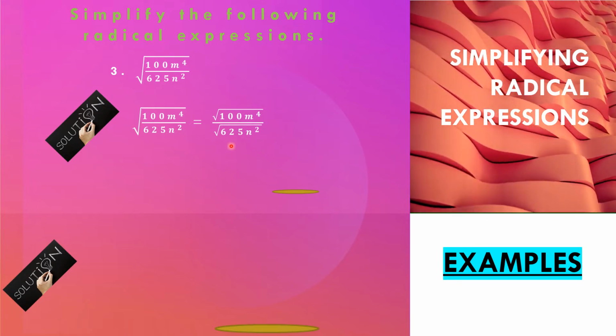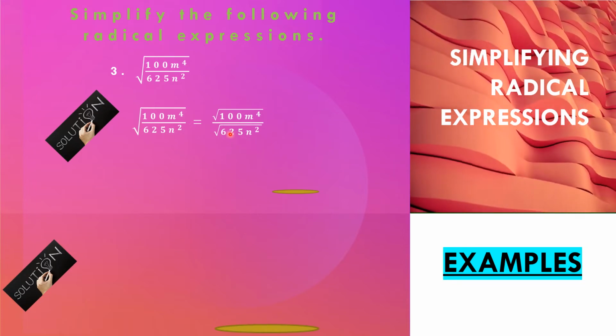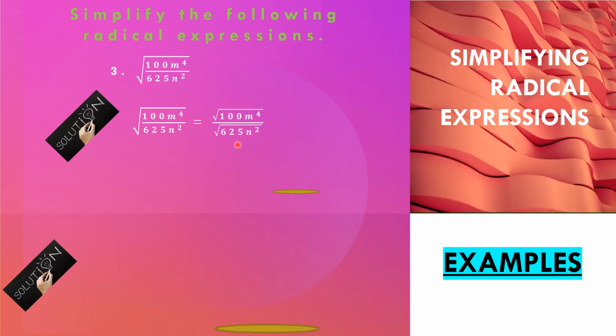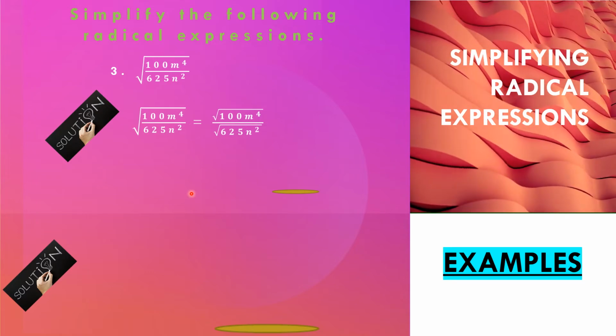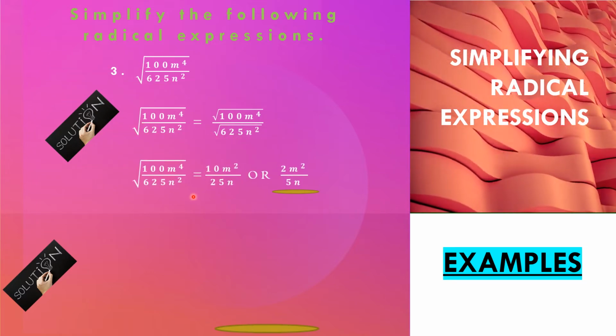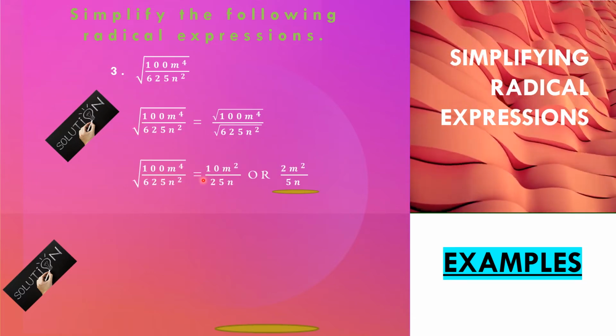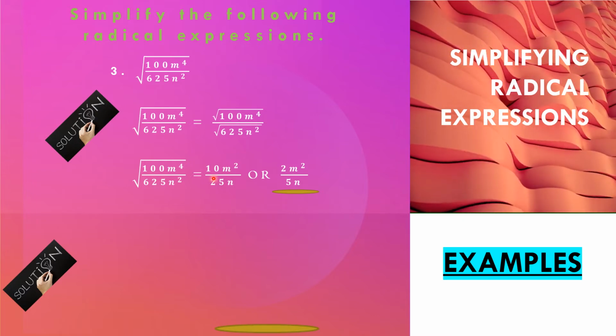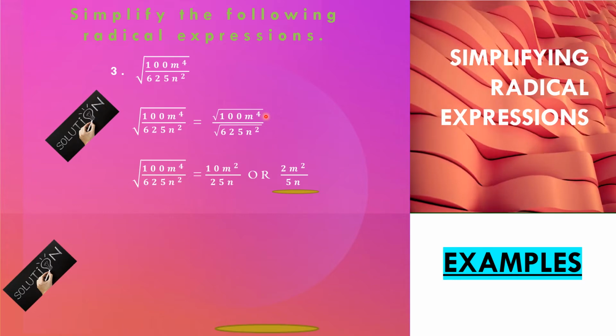So, ang gagawin lang po natin, i-evaluate lang po natin itong nasa taas, yung numerator, tapos i-evaluate nyo lang din po yung nasa baba. So, ang square root po ni 100 ay 10, kasi 10 times 10 is 100. And then, square root po ni m raised to 4, okay?